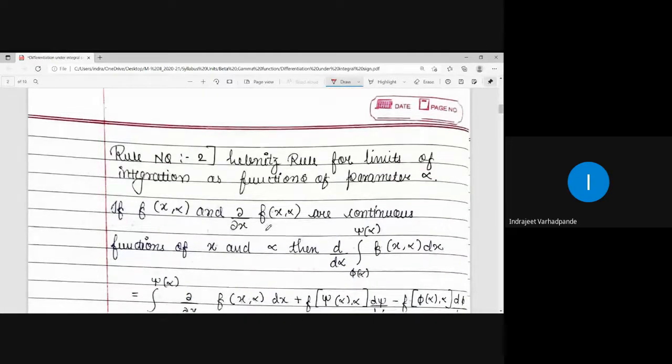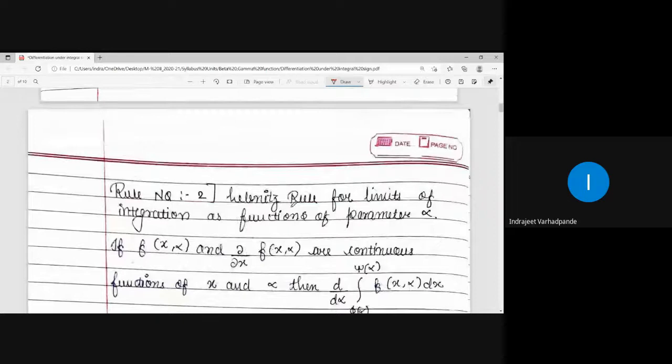Accordingly, the second rule is Leibniz rule for limits of integration as functions of parameter.